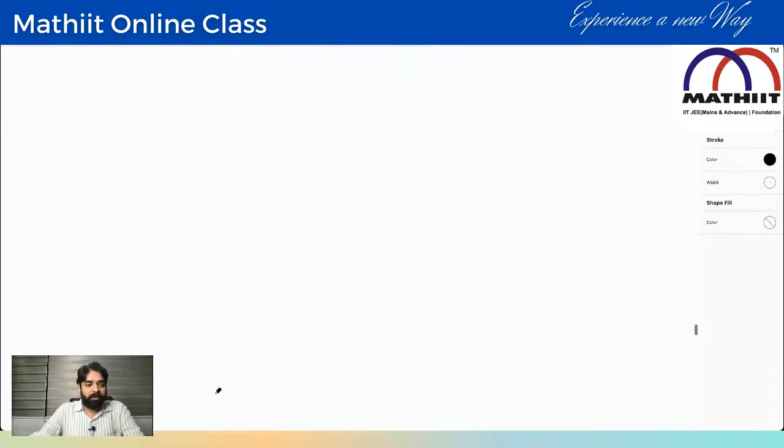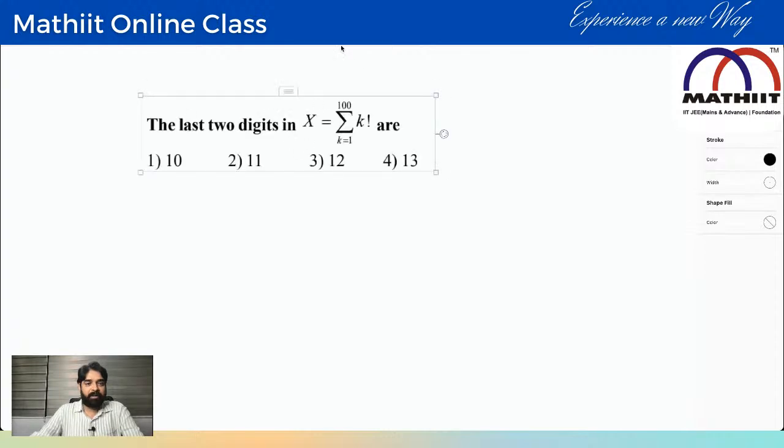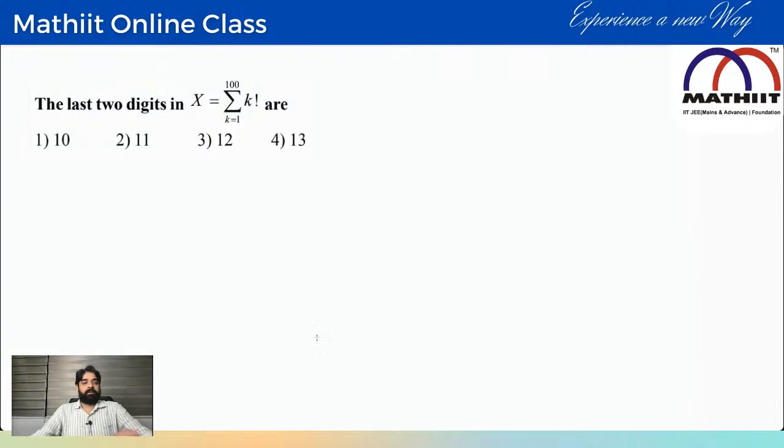One or two questions we'll do, and let me see that you are able to answer quickly, so that we can move further. The question is in front of you. Whatever your answer, please type very fast, time is not that much.